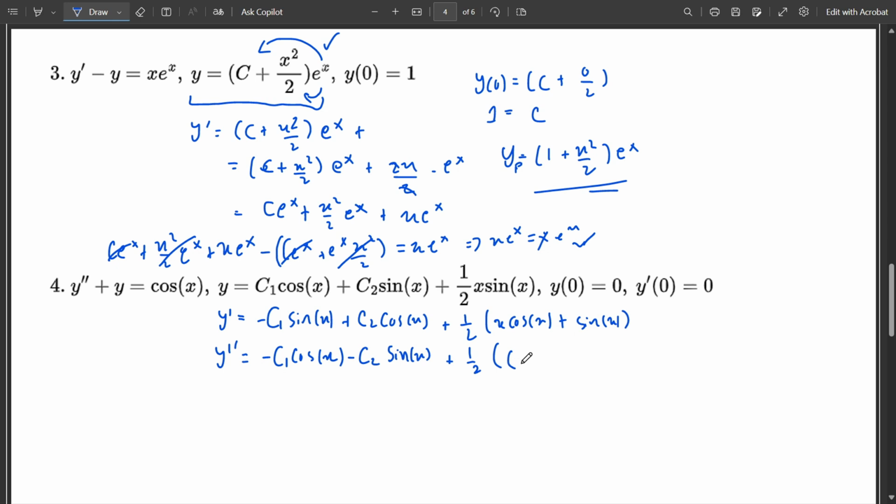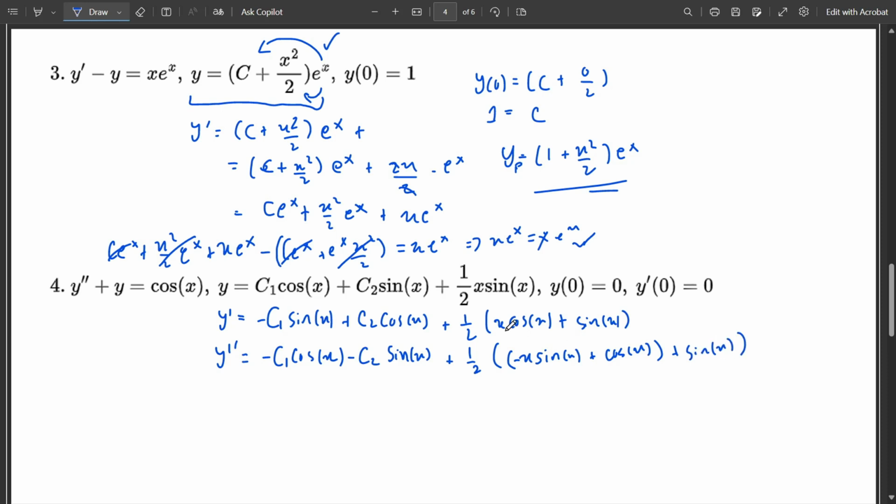So x times negative sine of x and plus 1 times cosine of x, and this one is plus the derivative of sine of x, which is just cosine of x.